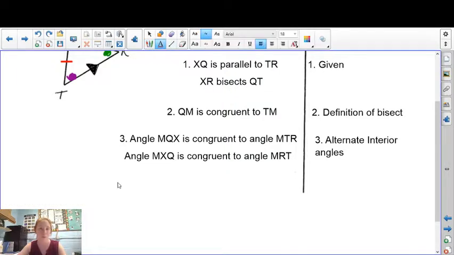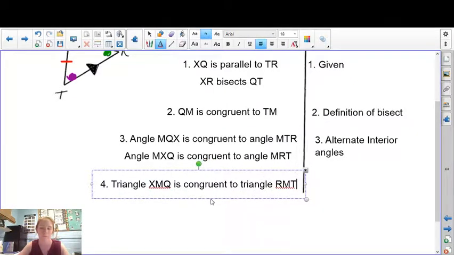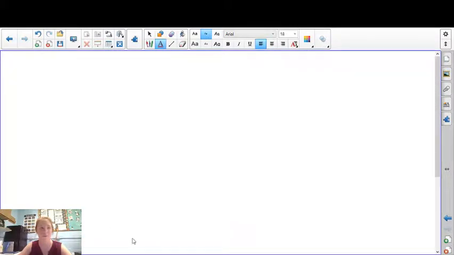So number 4 is going to say triangle XMQ is congruent to triangle RMT. And his reasoning, angle, angle, side. Fun with your homework, guys.